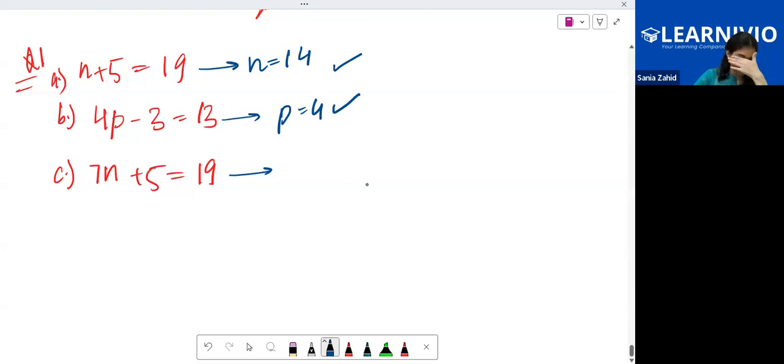Then the third one, n is equal to 2. Very nice. Razan, are you getting the same answers? Yes.